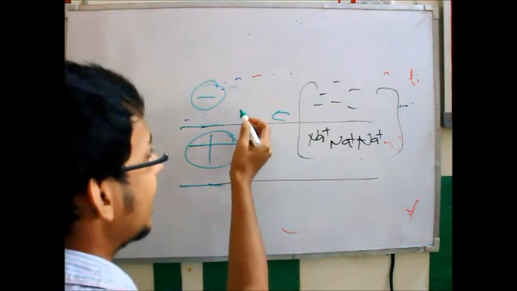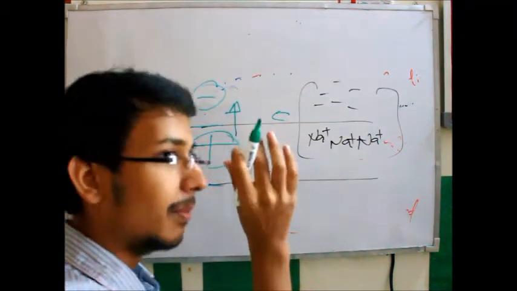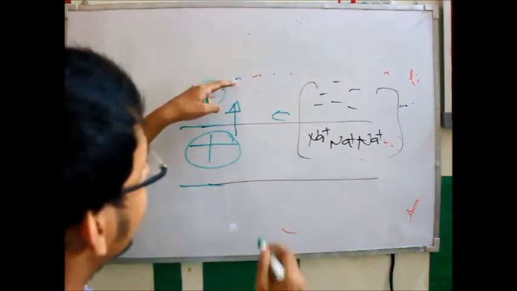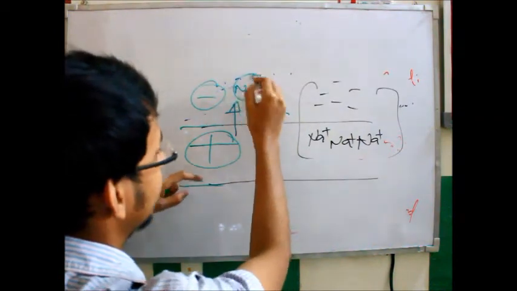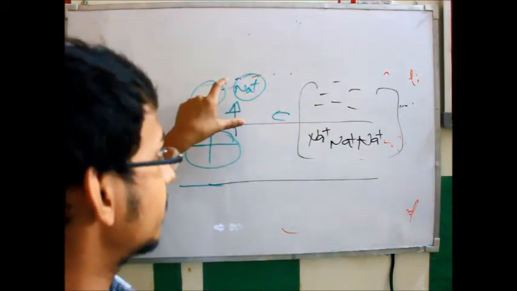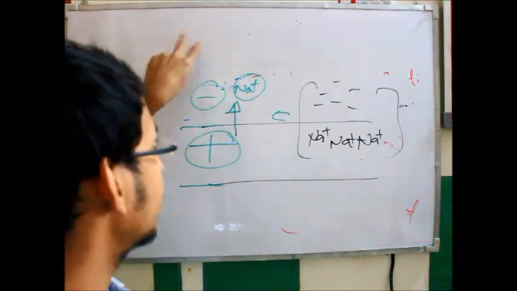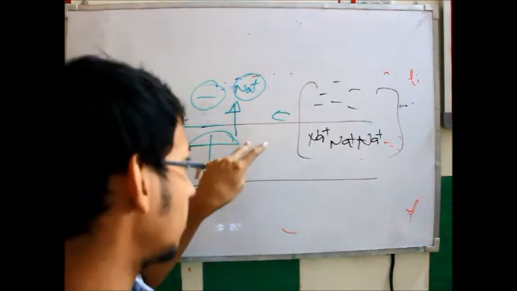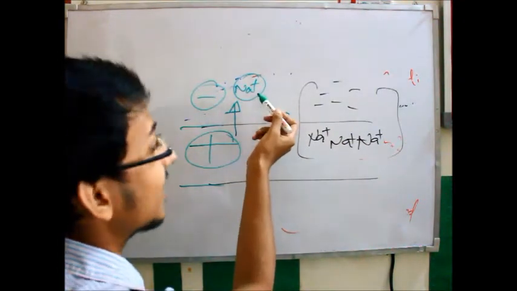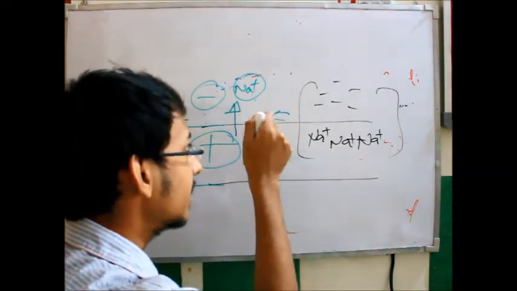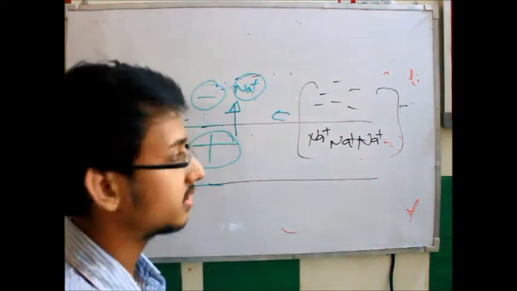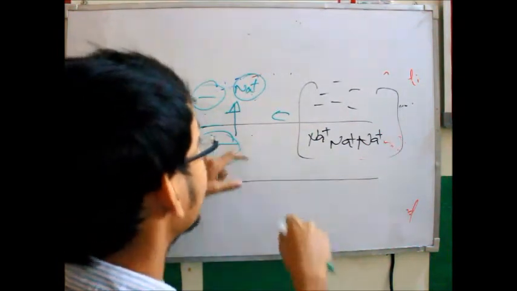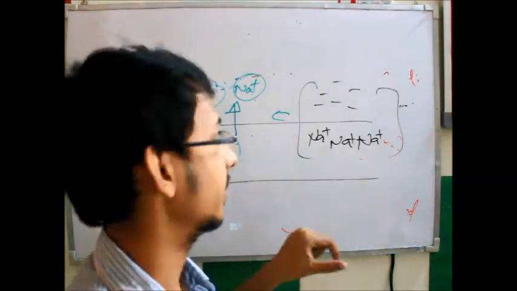Now here, as a potential is built up, not all the sodium ions in the extracellular fluid have reached here, because the charges which are trying to move into the cellular membrane due to the concentration gradient are repelled by this electropositive charge, which prevents the further influx of sodium ions.